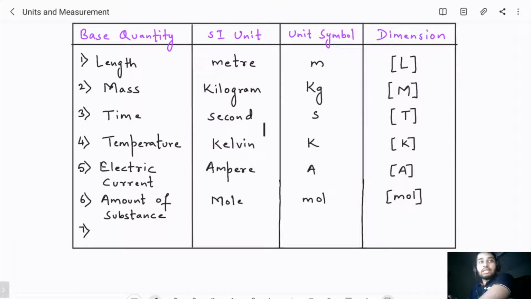Seventh one and the last fundamental quantity that we have is luminous intensity. SI unit for luminous intensity is candela.